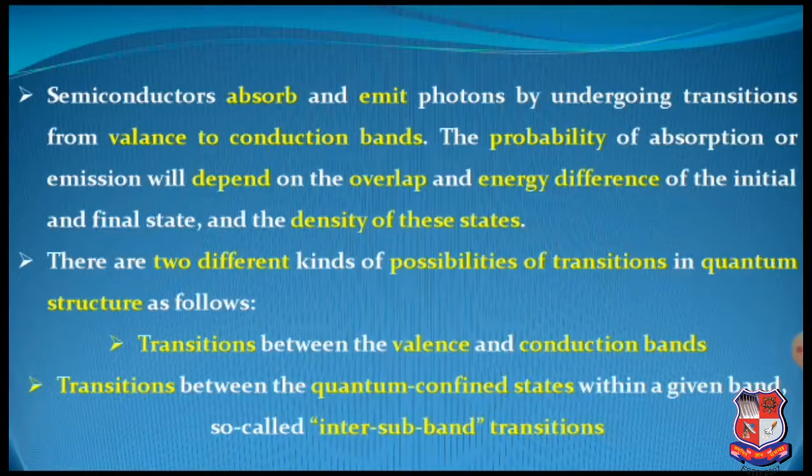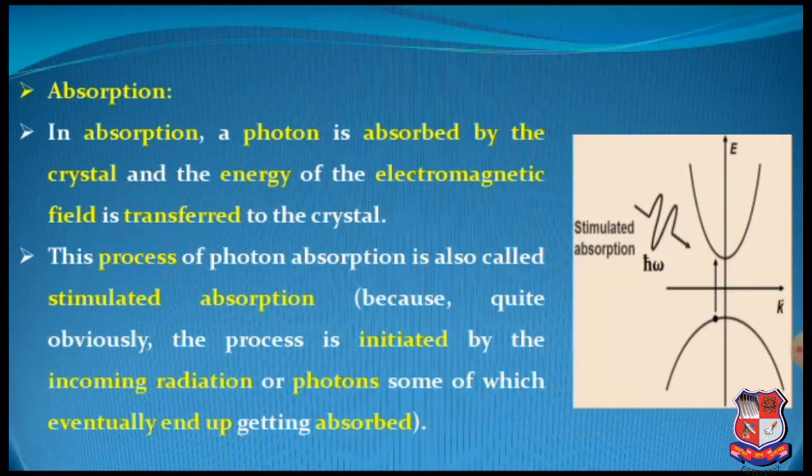Number one, transitions between the valence and conduction band, directly from valence to conduction, or number two, transitions between the quantum confined states within a given band, which are called inter-subband transitions. This we will see clearly in this article. Number one, the mechanism we are going to consider here is absorption.